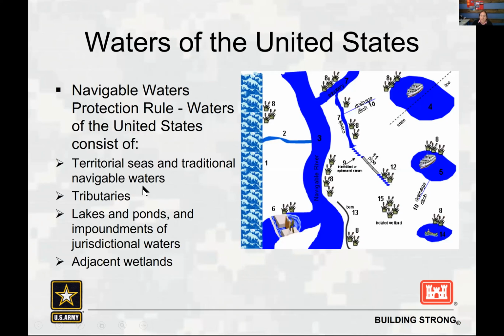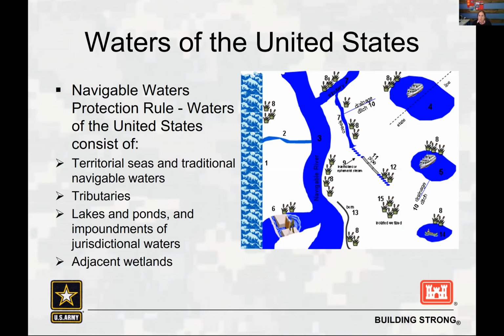So when it comes to waters of the United States, we recently had a rule change. The rule changed last month on June 22nd, and now the new rule is the Navigable Waters Protection Rule.